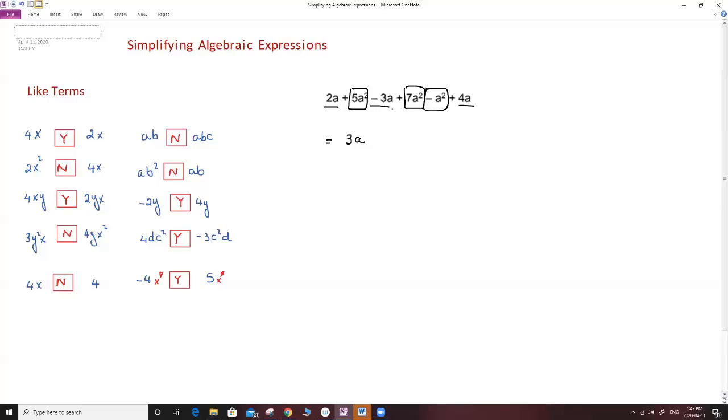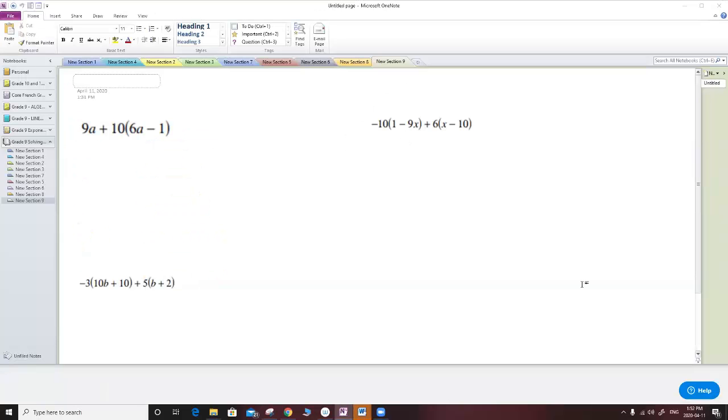So I have 5 and 7, it's 12. 12 minus 1, it's 11. That means 11a squared. And you see here, this very long algebraic expression became this short algebraic expression. They have the same value, and that's why we call it simplification.